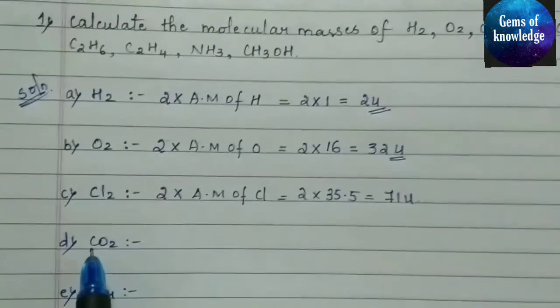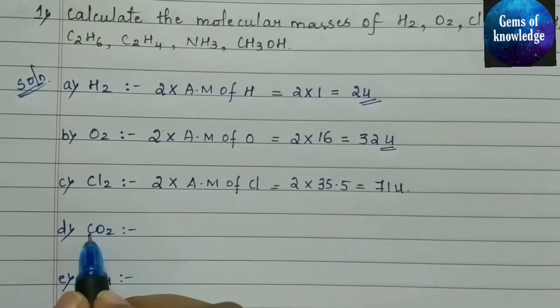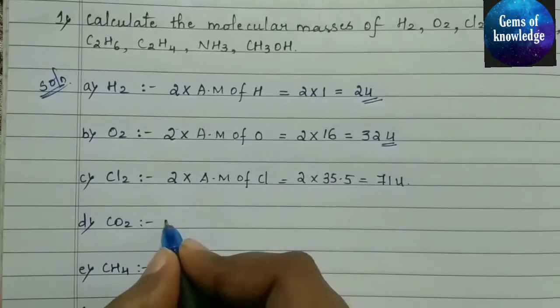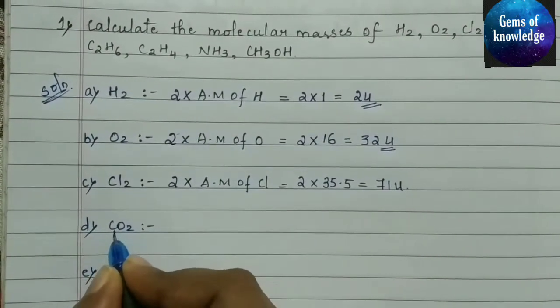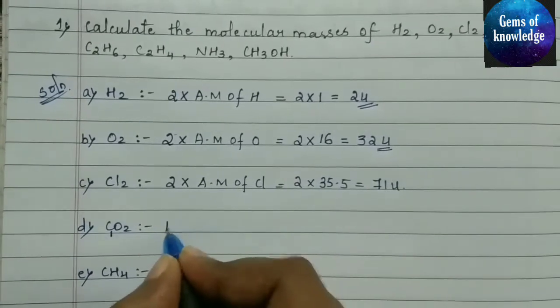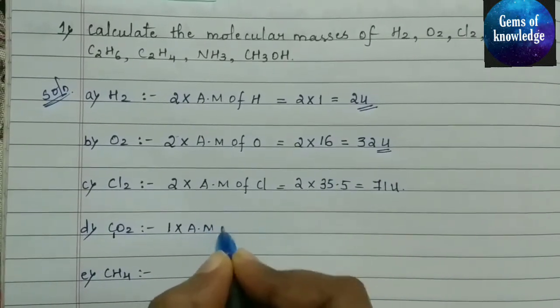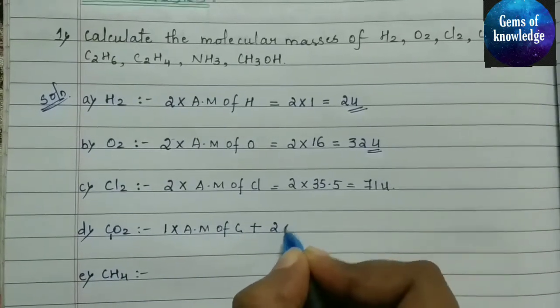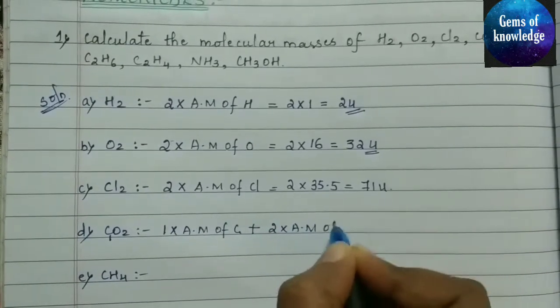Okay, next you can see here we are having 2 things, that is C and O, carbon as well as oxygen. So just see, carbon is how many times? It is 1 time. So we will write 1 into the atomic mass of carbon plus 2 into the atomic mass of oxygen.